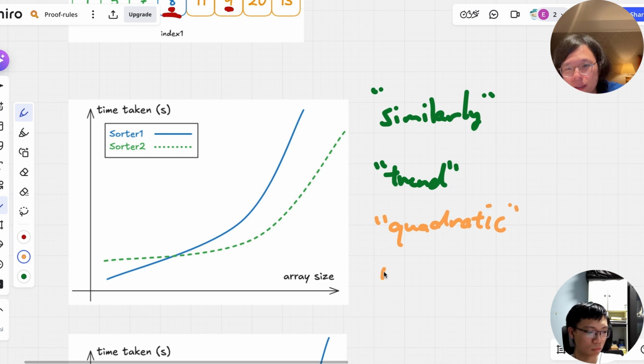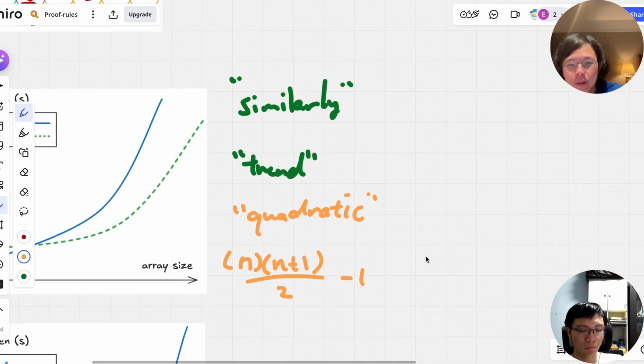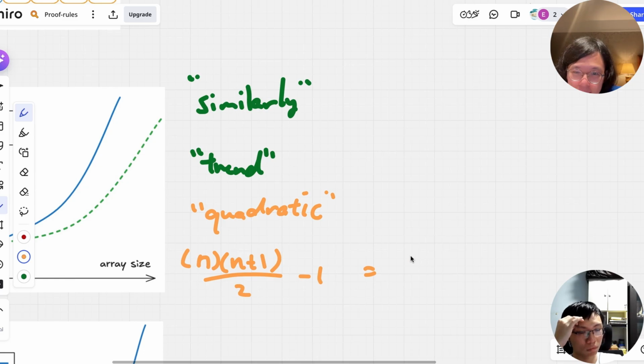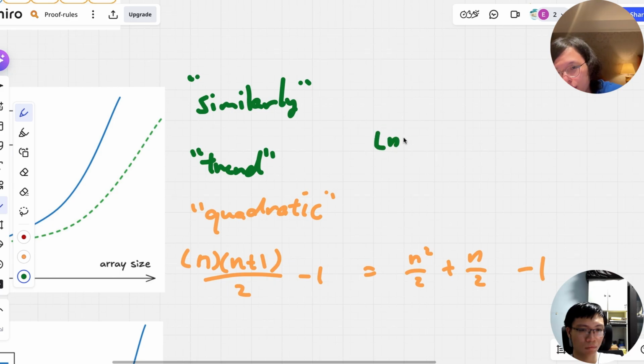If you think about n times n plus 1 divided by 2 minus 1, this actually roughly looks quadratic. If I expand this out, we get n squared over 2 plus n over 2 minus 1. Or the other one that we have, which was n times n minus 1 over 2, right?